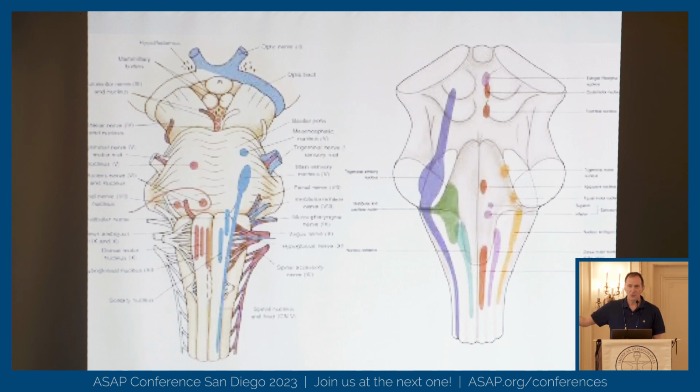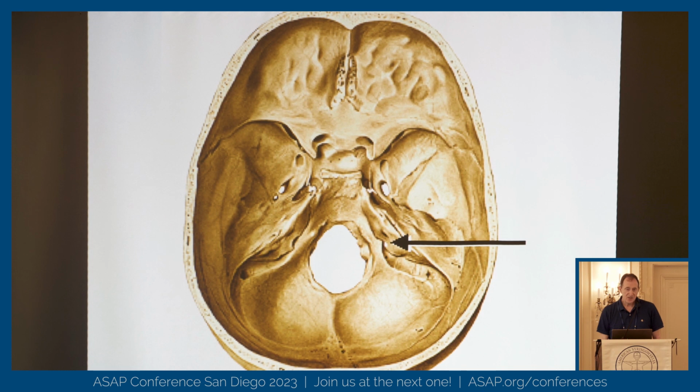To make things more complicated, the brainstem has some nerves and centers of its own, which makes this region even more vulnerable. This is the skull. I took the freedom to cut the skull from the top, so you see what is called the foramen magnum, which in Latin means the big hole, so it's not a very imaginative name.